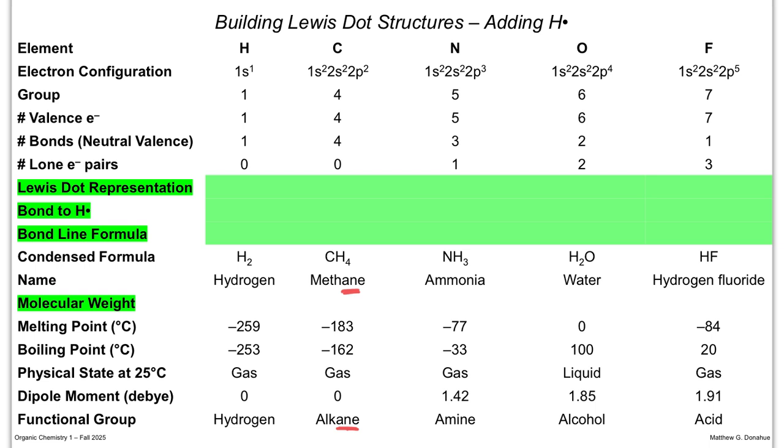The other thing the name is telling you is the type of carbon in there in terms of hybridization. So alkanes have sp3 hybridized carbon. There's another functional group called alkenes. They have sp2. Alkynes have sp.